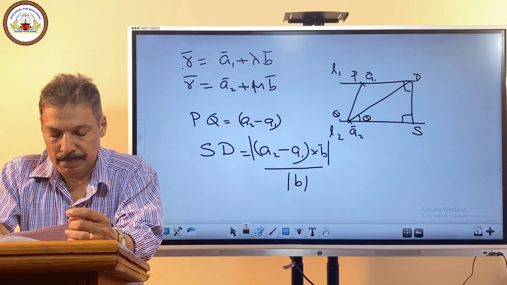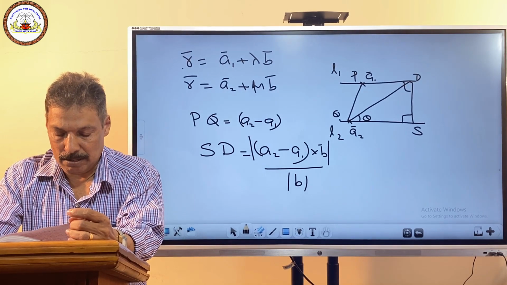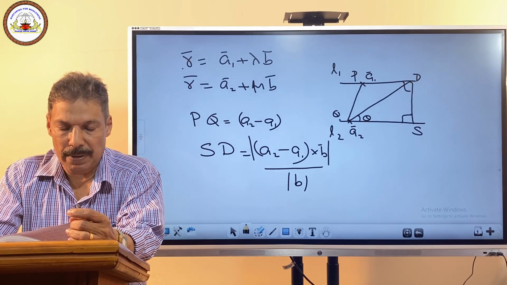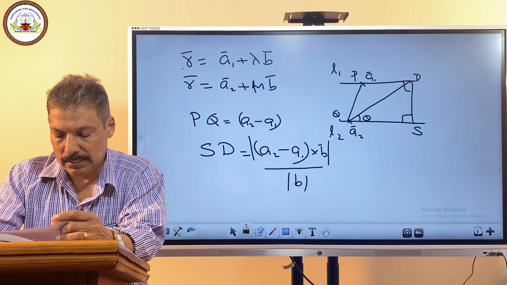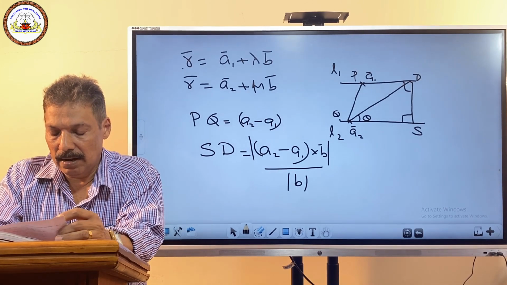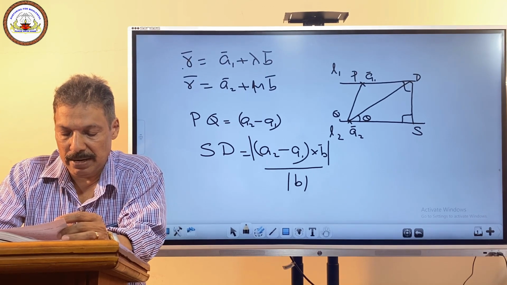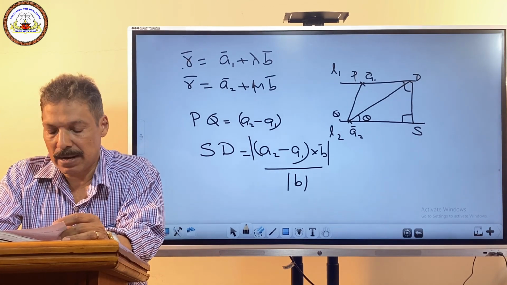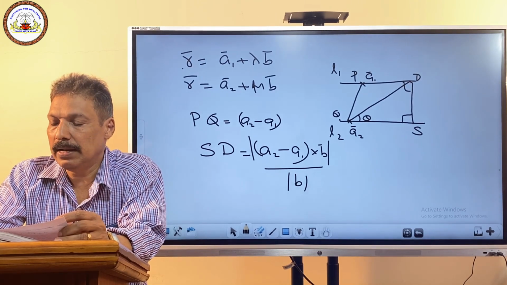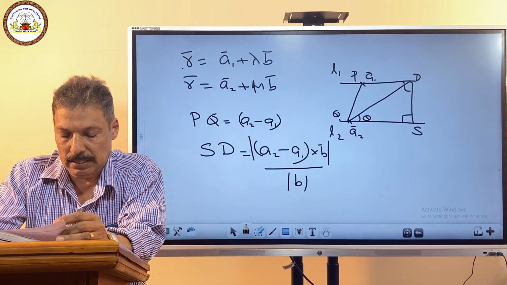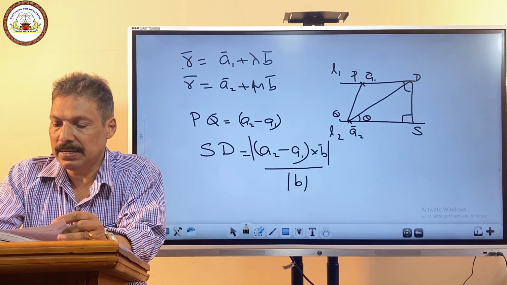An example, number 12 in your textbook, page number 476. The question is, find the shortest distance between the lines L1 and L2 given by r bar equal to i plus 2j minus 4k plus lambda into 2i plus 3j plus 6k, and the other line is 3i plus 3j minus 5k plus mu into 2i plus 3j plus 6k.